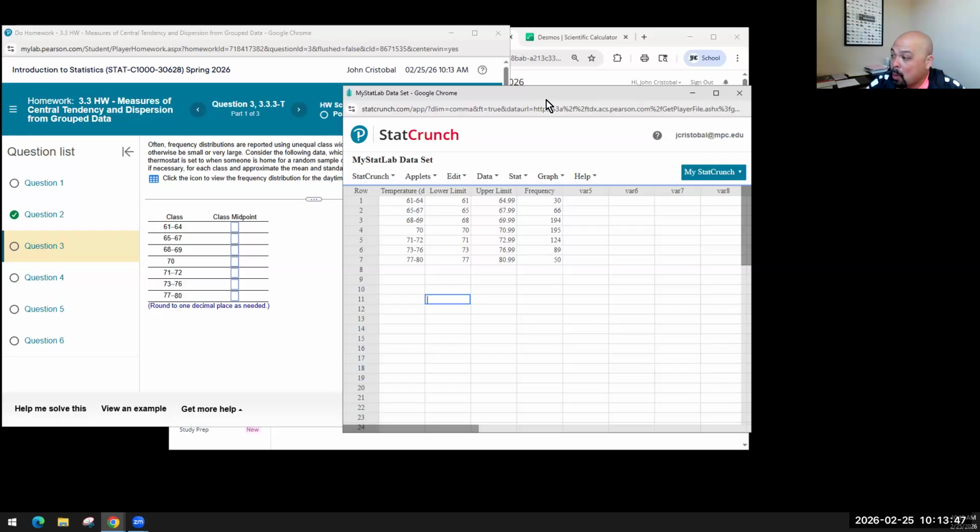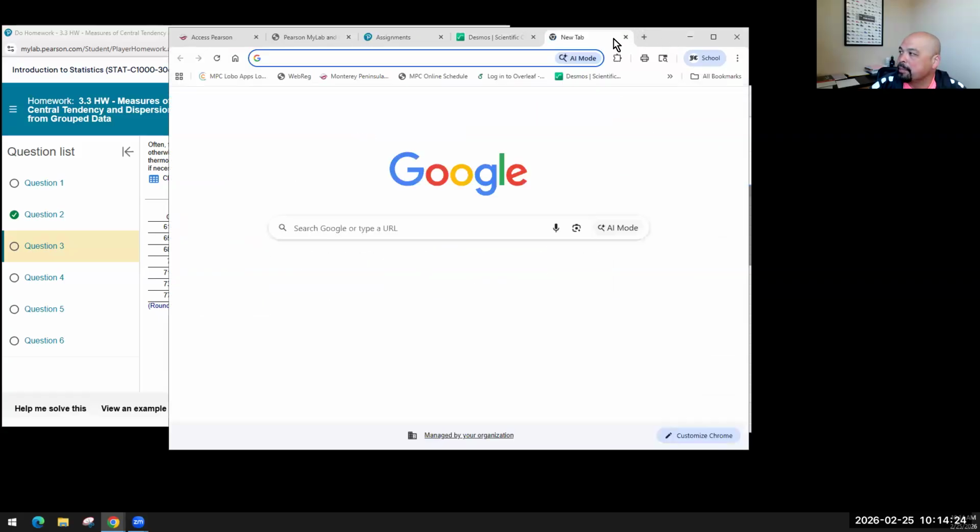But for our class, the class midpoint, we're going to calculate that by doing the midpoint of consecutive lower limits. So I want to find the halfway point between those pairs, right? So in this case, let me bring in my scientific calculator.